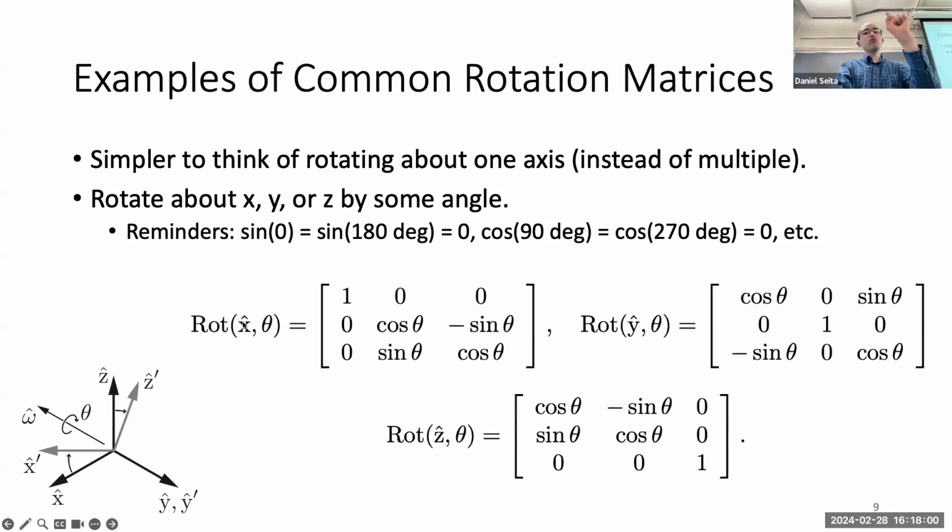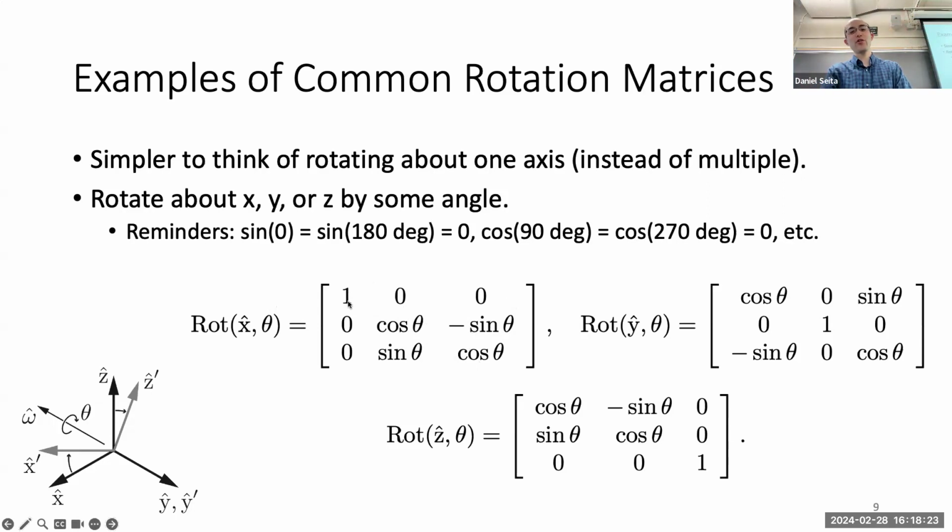So if you're trying to rotate about the x-axis by some amount theta, then you can express that as this rotation matrix. There's a 1 here, and then the 2x2 way of writing a rotation matrix is over here. Something similar happens for the y and the z.